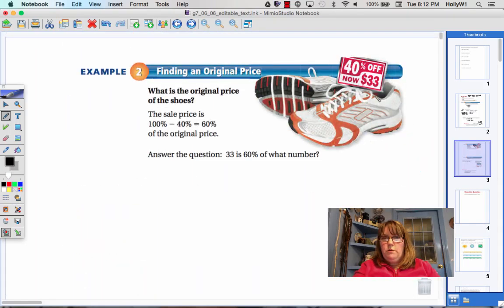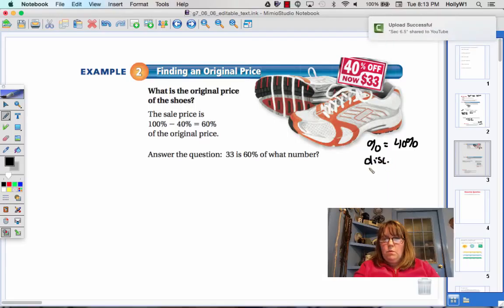If we knew that shoes were 40% off and they now cost $33, so our percent is equal to 40%, and our discounted price, we can think of that as the part, is equal to $33.